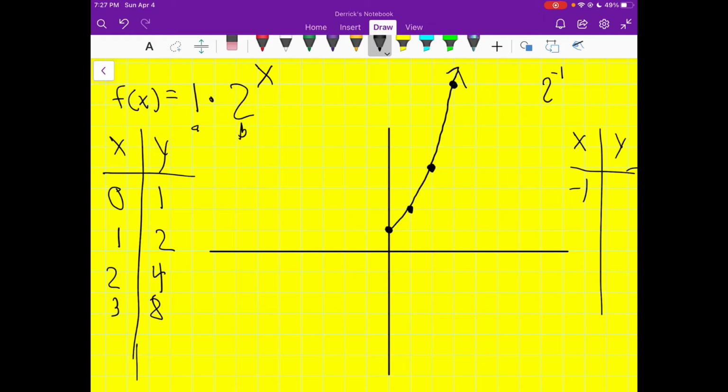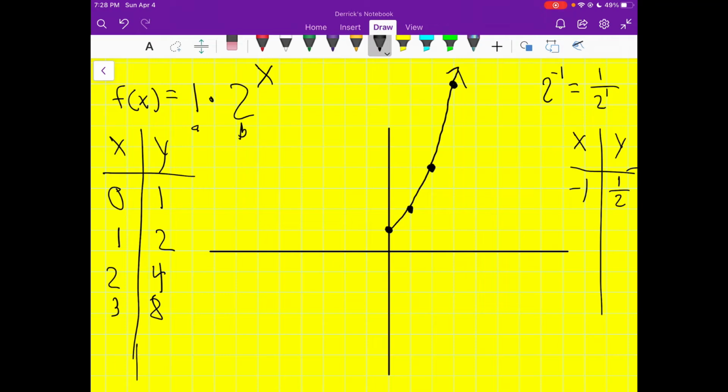When you're taking something to a negative exponent, what that really means is you're dealing with reciprocals, meaning 2 to the negative first is the same thing as the reciprocal of 2 to the positive first. So, when we took 2 to the first, we got 2, right? Which means if 2 to the negative first is what I'm doing, then that should be the reciprocal of our answer. So it'd be 1/2.